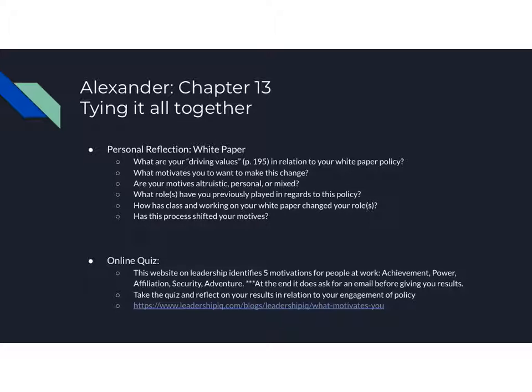The website talks about 5 motivations that they believe people have at work. So achievement, power, affiliation, security, and adventure. I thought some of these fit into some of the themes, again, of our motivation, and also some of the themes throughout the articles as well.